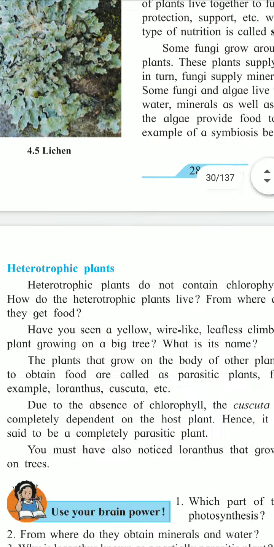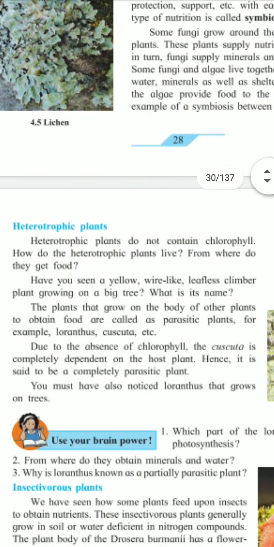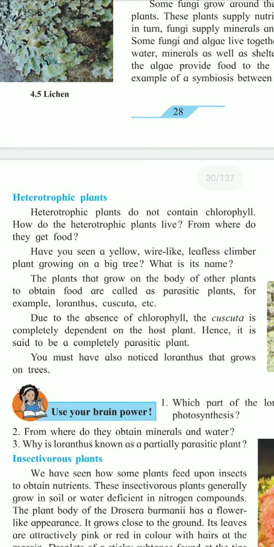One more concept we will see in this video, students. Heterotrophic plants. What is meant by heterotrophic plants? Heterotrophic plants do not contain chlorophyll. Their leaves do not have chlorophyll. How do heterotrophic plants live then? From where do they get food? Because chlorophyll is responsible for photosynthesis, in return of which plants get their food in the form of glucose.